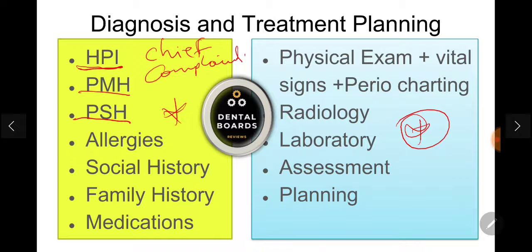Sometimes you have to be firm when you're asking these patients, because sometimes you ask the patient, what medical conditions do you have? Diabetes, high blood pressure, even psychiatric disorders such as bipolar or schizophrenia. The patient will say, why are you asking me that? Because they think you're a dentist, just going to focus on that tooth. But don't be offended.